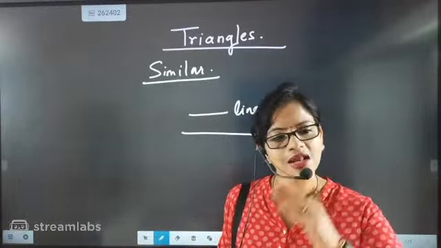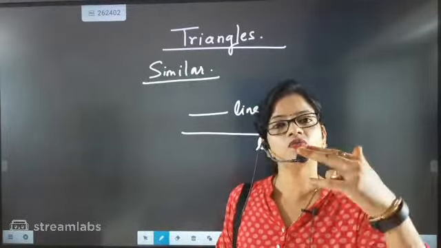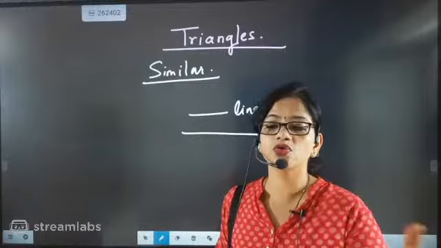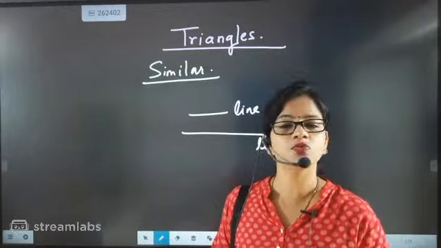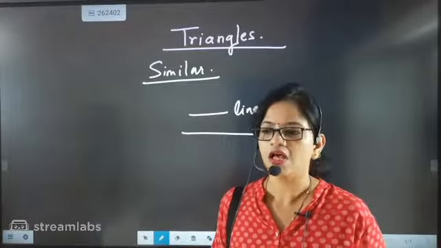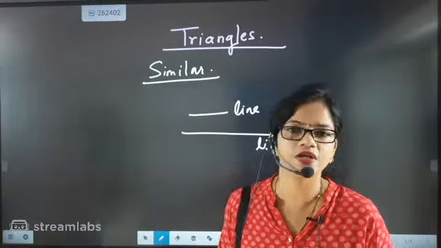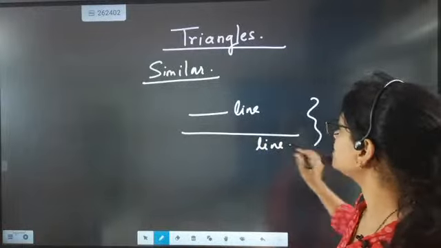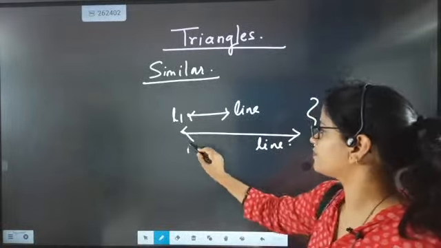If somebody says one line is similar to another line, your concept should be: yes, this is a line and this is also a line, so they are similar to each other. Then they will ask you, when can these two lines become congruent? Right now line number 1 and line number 2 are similar.